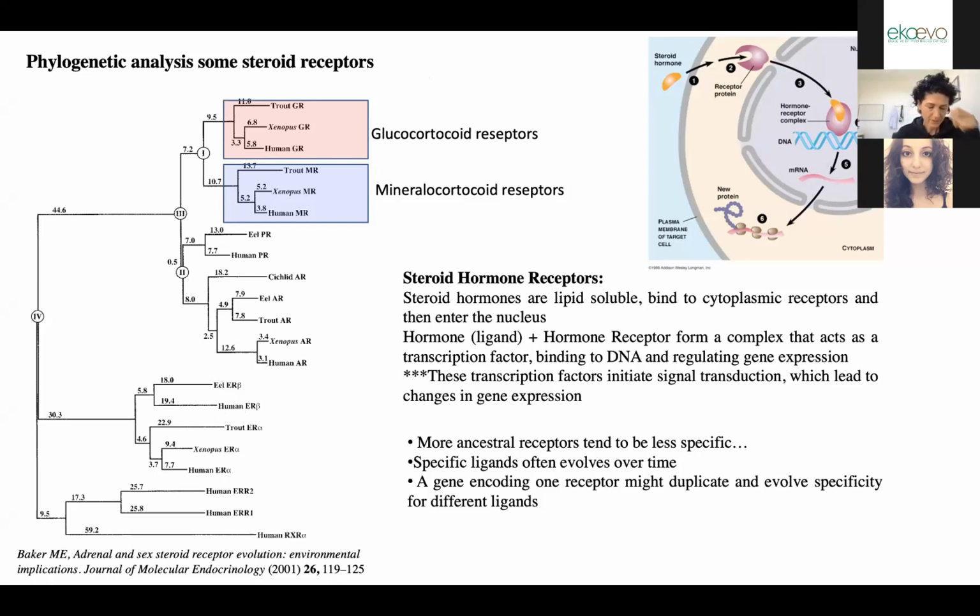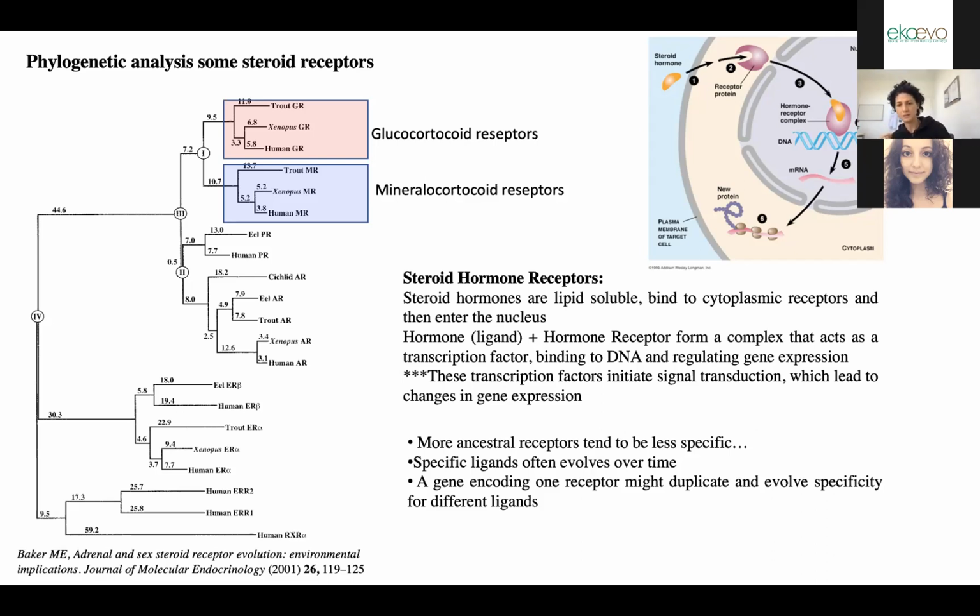What we need to know is that this estrogen receptor is almost not specific. A more ancestral receptor is less specific, meaning it can respond to many different ligands.